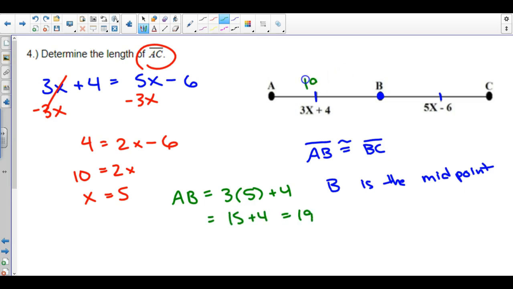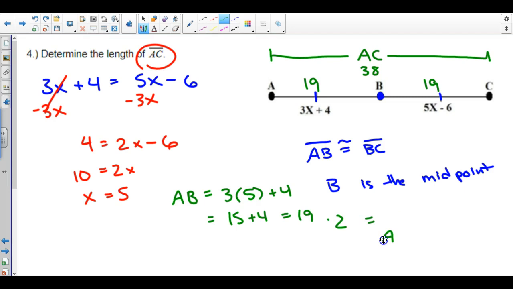That tells me this segment is 19. This segment must also be 19. Therefore, the distance from A to C is going to be 38. Alright, so if I take the 19 times 2, I know that the measure of AC equals 38 units.